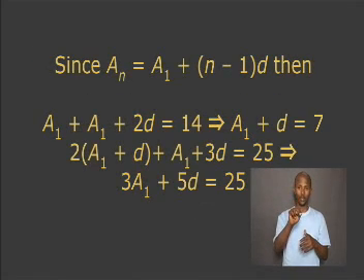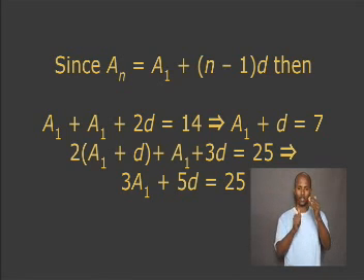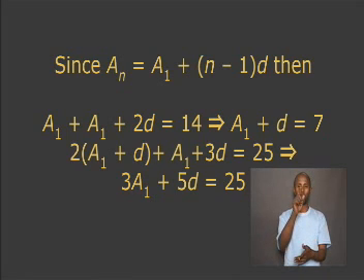Since AN equals A1 plus N minus 1 times D, then A1 plus A1 plus 2D equals 14. Therefore, A1 plus D equals 7.